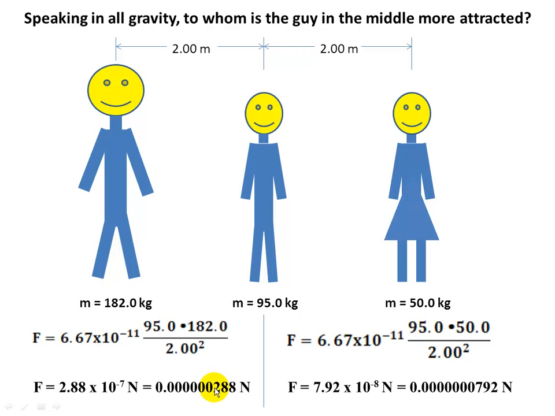So this 2.88 times 10 to the minus 7th is actually a bigger number than 7.92 times 10 to the minus 8th. And so the guy in the middle, we find out, is more attracted to the guy on the left than he is to the girl on the right.